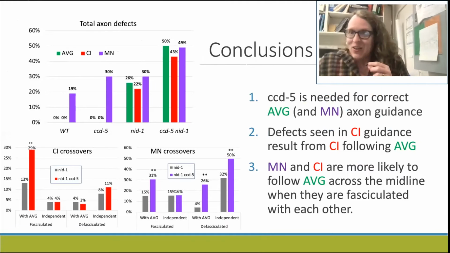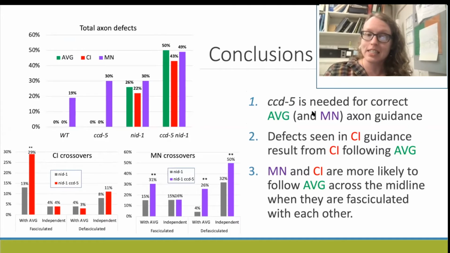Look, it's a whole story. Oh, my research is the whole story. We see CCD5 is needed for correct ABG axon guidance. It's also needed for correct motor neuron guidance directly. Motor neurons are depending on CCD5, independent of ABG, for their guidance.